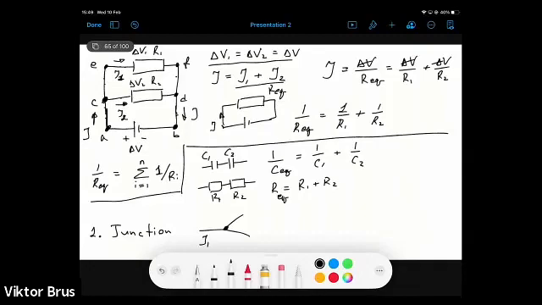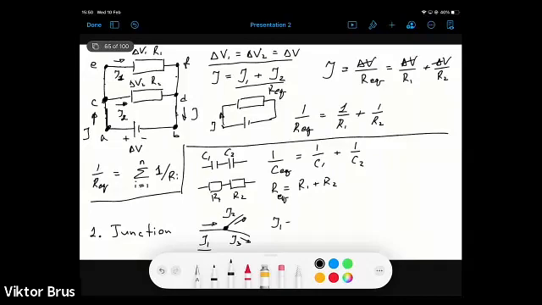So if we have some current which goes to the junction, and then some currents which go from the junction, then the sum of these currents, when we assume that the current going to the junction is positive and currents going from the junction are negative, should be equal to zero.